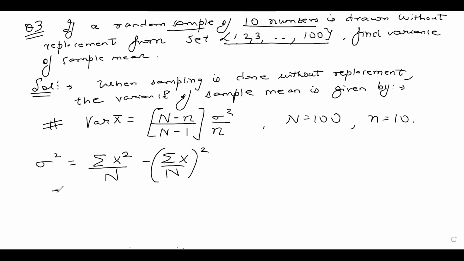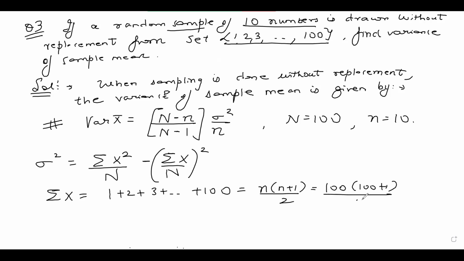How much is summation x? 1 plus 2 plus 3 plus dot dot dot 100. What's the sum of the first 100 natural numbers? Something we have done in high school math. It's n into n plus 1 by 2. We have 100 natural numbers, so 100 into 100 plus 1 by 2.